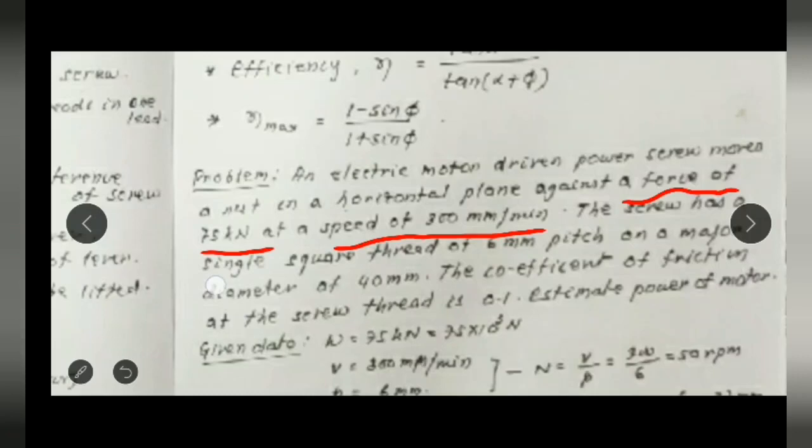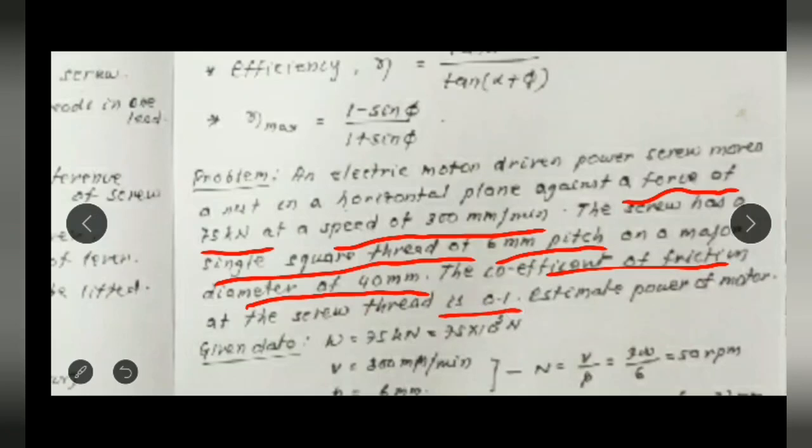The screw has a single square thread, that means we are going to use tan alpha equal to P by pi d, and 6 mm pitch equal to 6 mm, on a major diameter of 40 mm, that means Do equal to 40 mm. From this Do and P, we are going to determine the mean diameter of the screw. Coefficient of friction, which is mu, will be equal to 0.1.